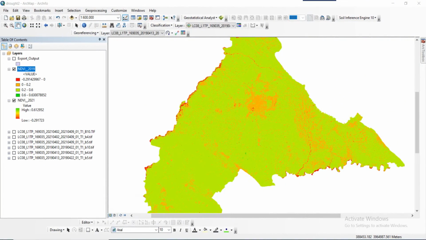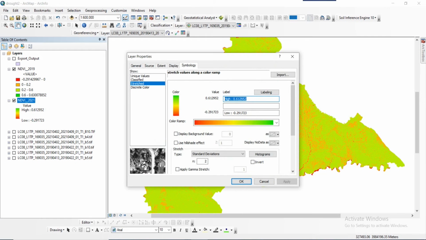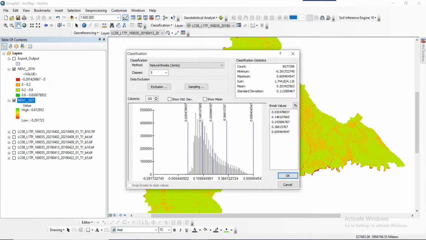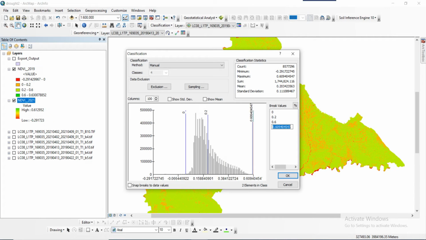Then we're going to divide the other NDVI image, from 2021, into the classes mentioned in the file that we have: 0, 0.2, 0.6, and bigger than 0.6.